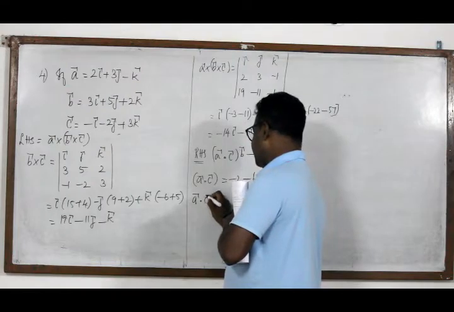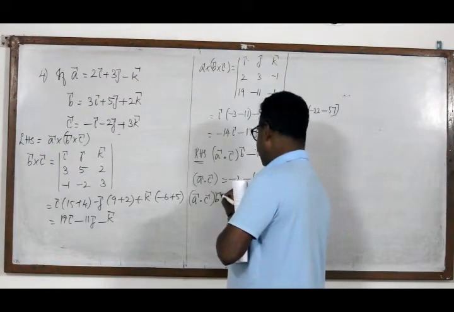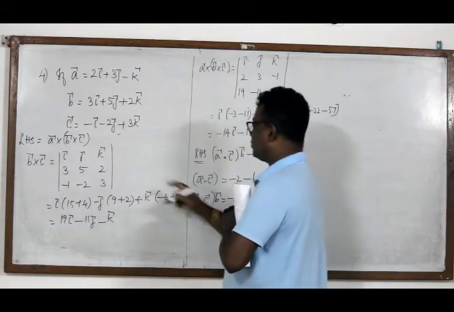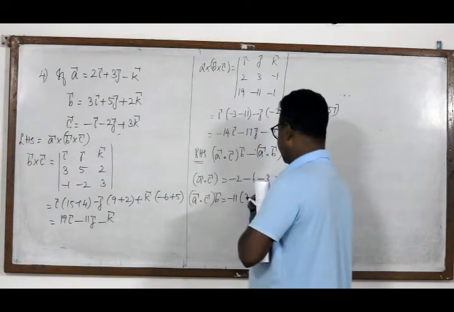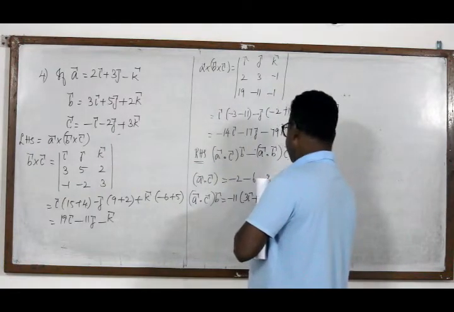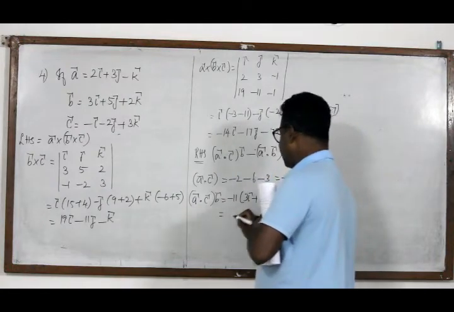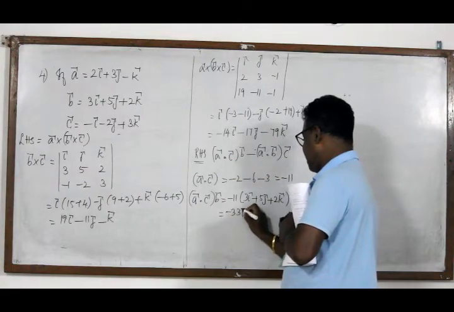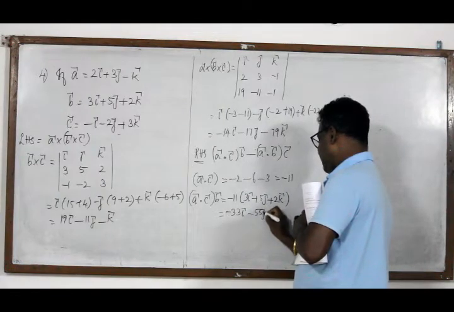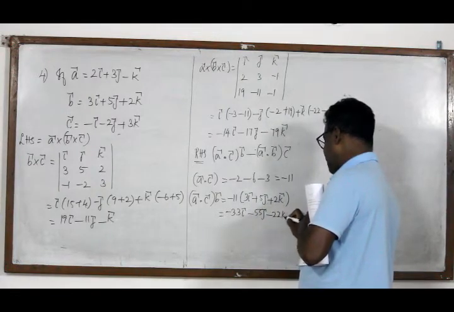Now, A dot C into B we need, that is minus 11 into B vector, 3i plus 5j plus 2k. When I multiply with minus 11, minus 33i minus 55j minus 22k.